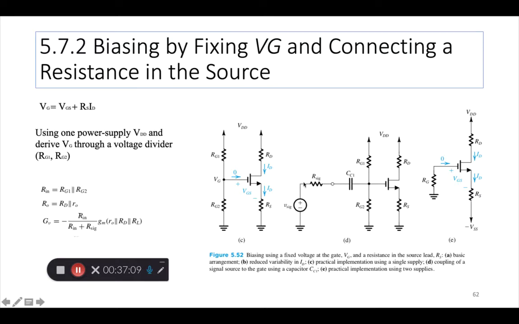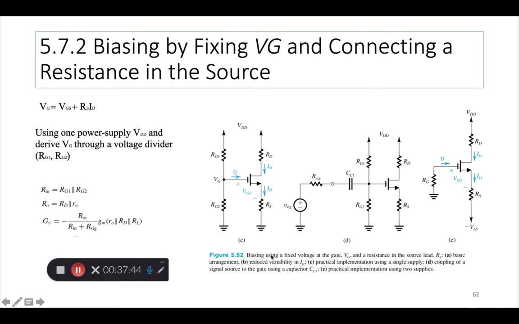So a lot of problems that we'll solve consist of finding the values for these four resistors and also calculating the drain current ID. So using one power supply VDD, you derive VG through a voltage divider, and you see these formulas for how to calculate Rin, RO and voltage gain in the case of such a voltage divider biasing network.